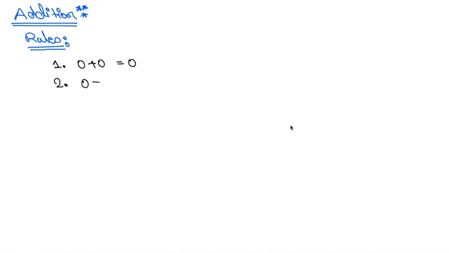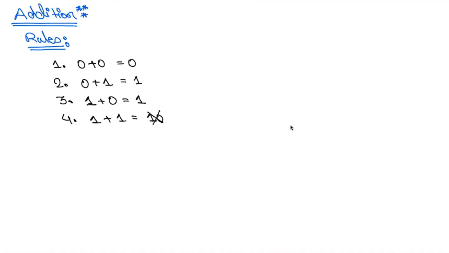Second, 0 plus 1 is 1. 1 plus 0 is 1. 1 plus 1 is 10 in binary operation. It is not ten, it is 1 0. And also it is a bad way of saying 10.